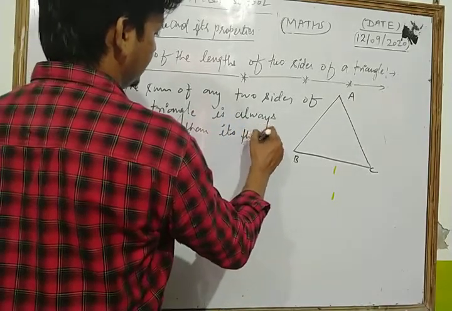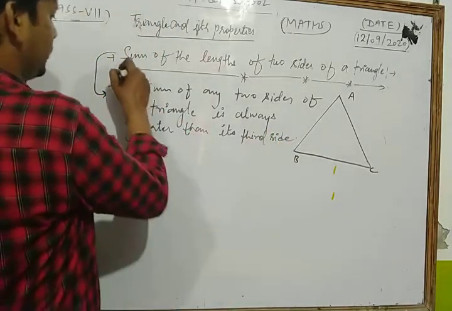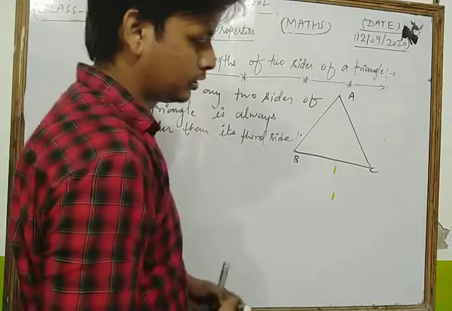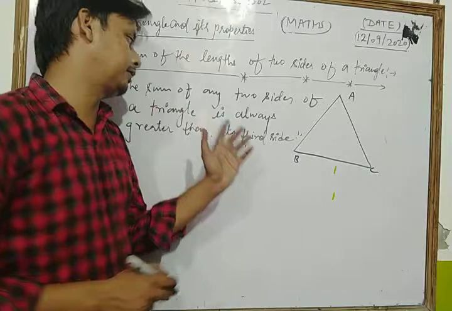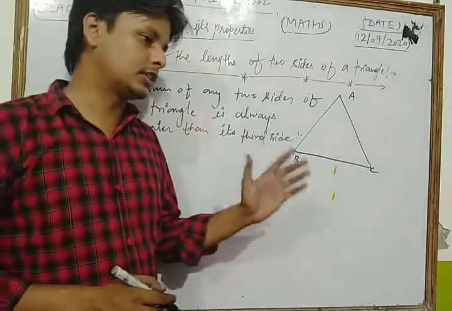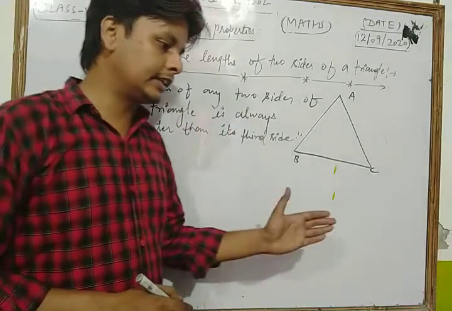This is one of the most important concepts of any triangle. Okay, let's discuss that. The sum of any two sides of a triangle is always greater than its third side.